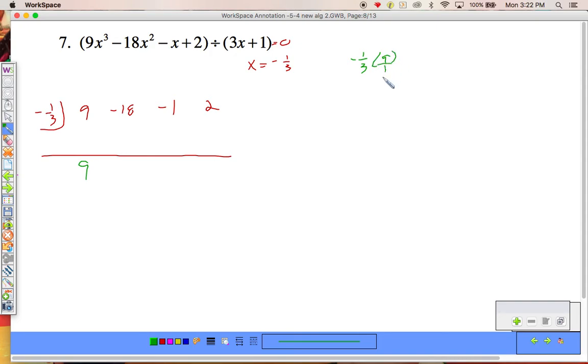Negative 1/3 times 9, I get negative 3, because 9 divided by 3, that's the same thing as multiplying by a third. Add down. I get negative 7. Something's not right.